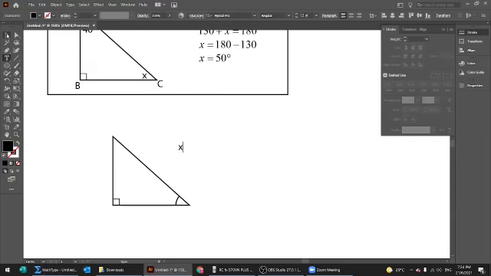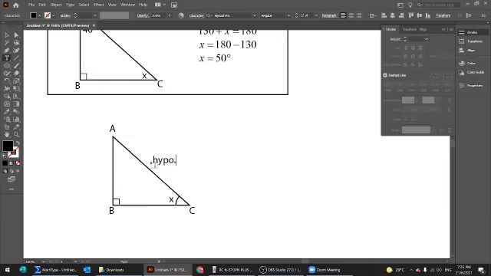Can you tell me which one is the hypotenuse? Let's say I have A, B and C. Which one is your hypotenuse? AC is the hypotenuse. So this is your hypotenuse. Which one is your opposite?